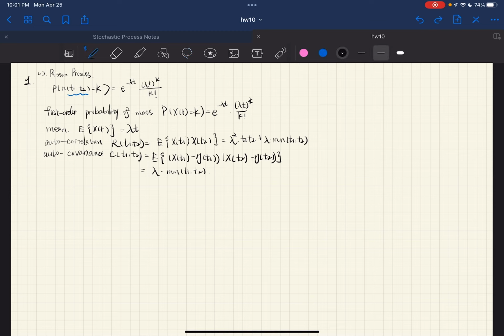And the second one is the Poisson increment. It is defined as Y(t) equals X(t plus eta) minus X(t), divided by eta, where X(t) is the Poisson process.